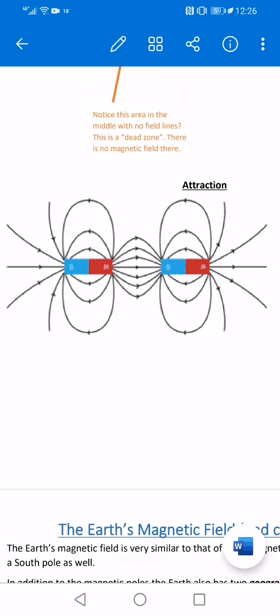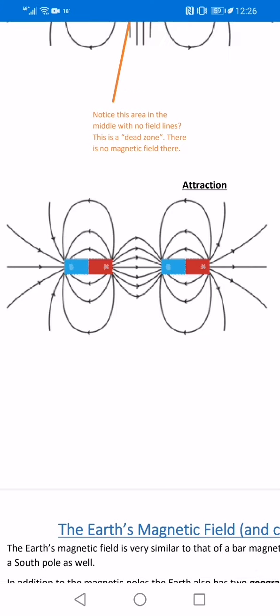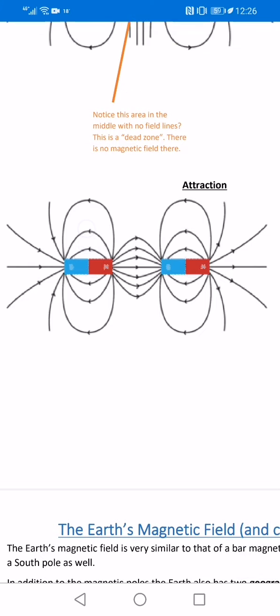Okay, and we have attractive forces, and again, make sure that your field lines don't cross. If you're asked to draw this, draw in your arrows, and make sure that you show that the closer you are to the poles, the stronger the force is, and as you get to the center of the magnet and further away from the magnet, those field lines get further apart because the magnetic field is weaker as you get further apart.